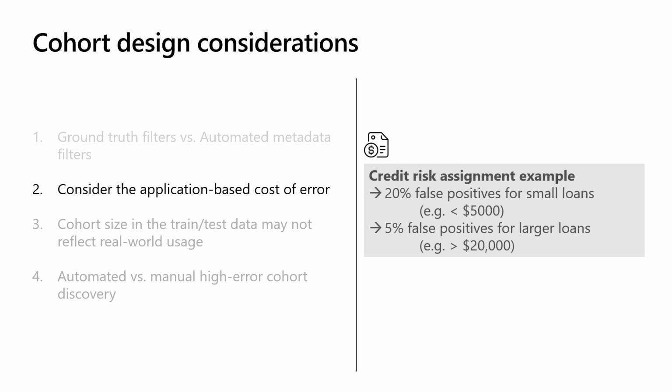In addition, one can also weigh the importance of errors in the reports by this cost. For example, a 20% false positive rate for smaller loans is equivalent to a 5% false positive rate for larger loans in this particular example. And doing this type of disaggregation is also informative when deciding what types of errors to fix next.